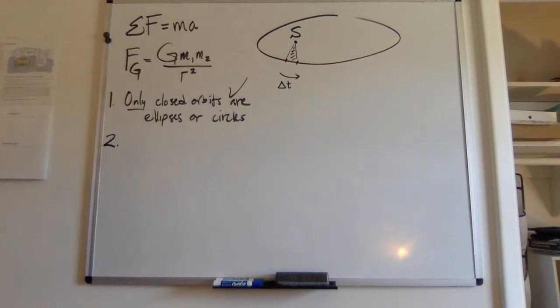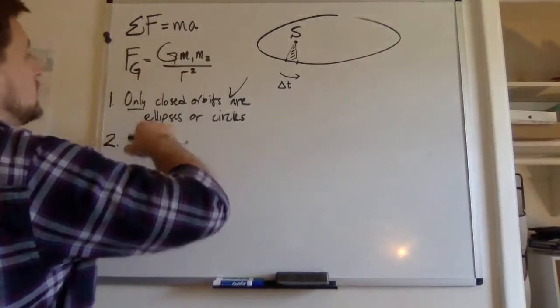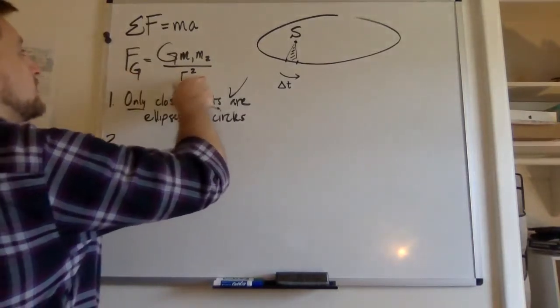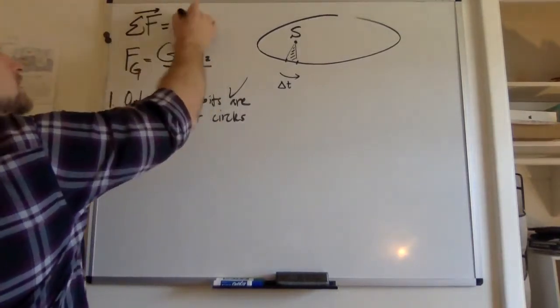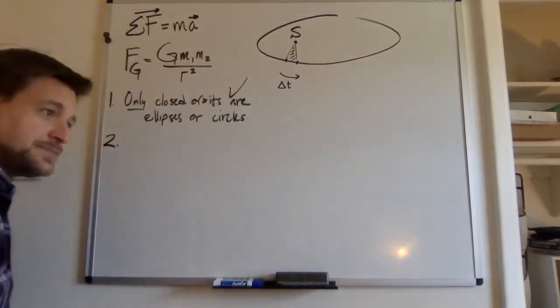The other piece I need to tell you about Newton's law of gravitation, this is a statement that talks about the magnitude of the force due to the gravitational attraction.